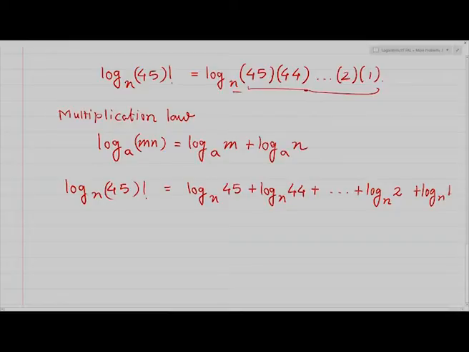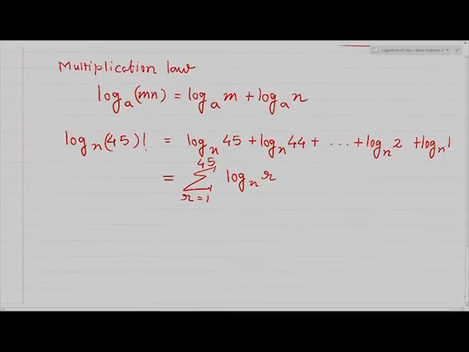So if this is the case, can I write this in a smarter way? I can write it in terms of summation. So it will be r equal to 1 to 45, because I have 1, 2, 3, 4, all these things. So I am writing it in another way, log to the base n of r. Okay. So I roughly got the representation.